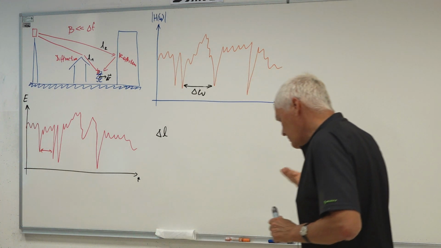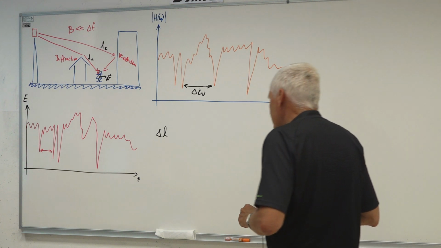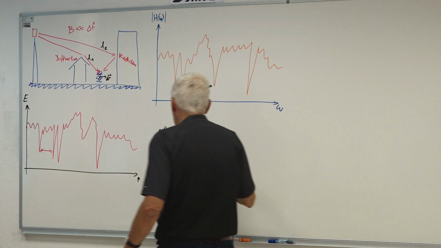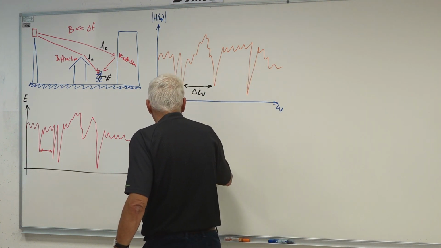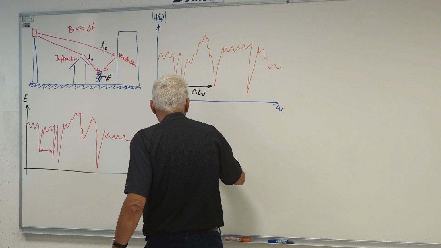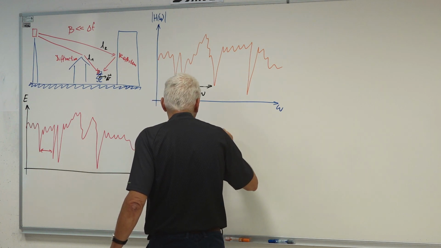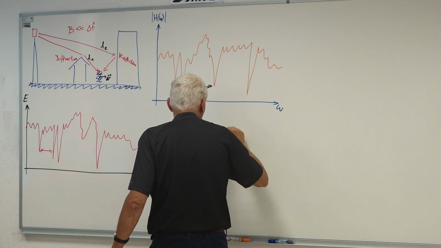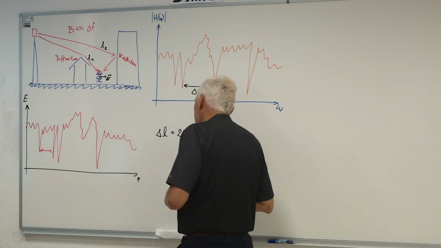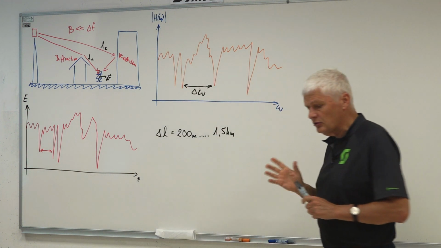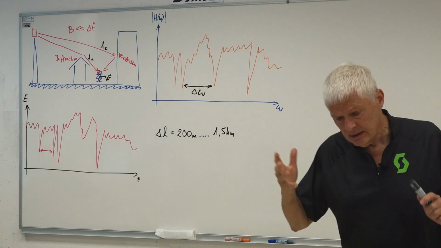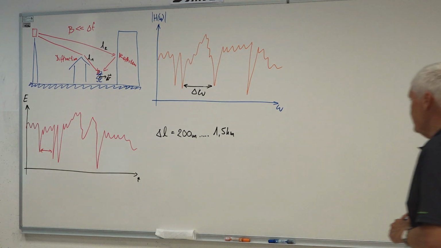Let's just draw an example here. So this delta L may range between 200 meters up to perhaps 1.5 kilometers, where we also have to talk about the frequency range of the system that's using this.